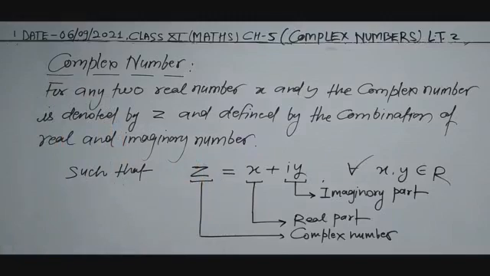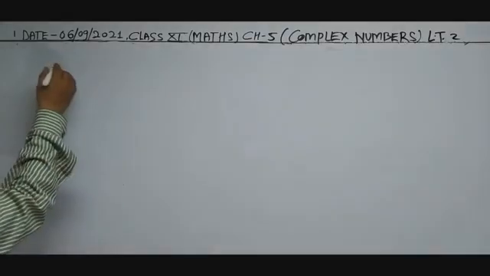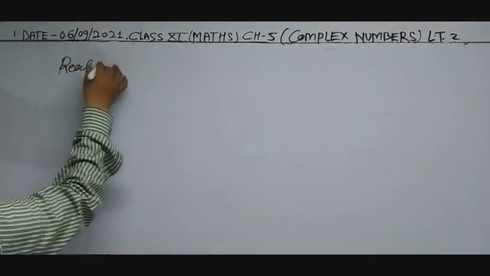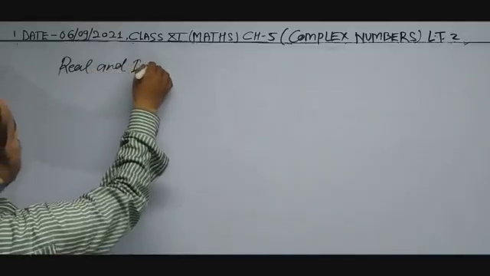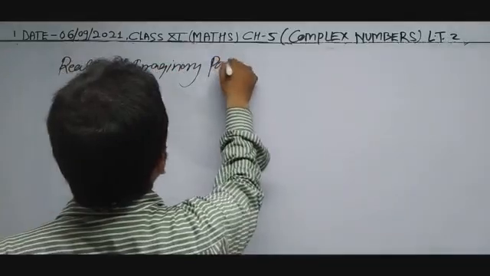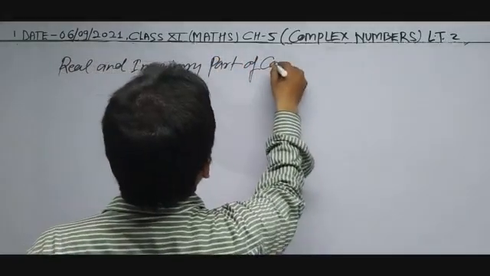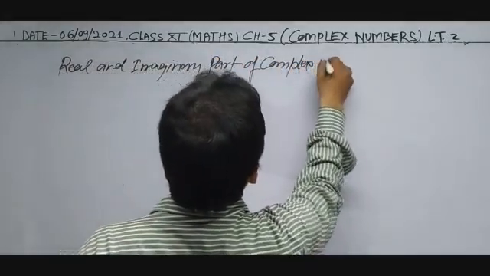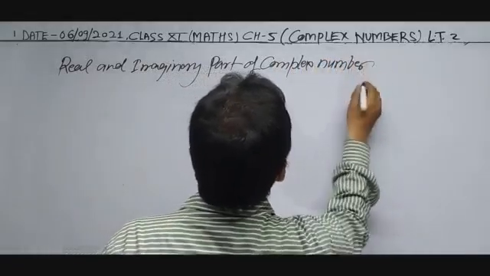Now I will come to the next definition. The next definition is real and imaginary part of complex number. Second heading is real and imaginary part of complex number.